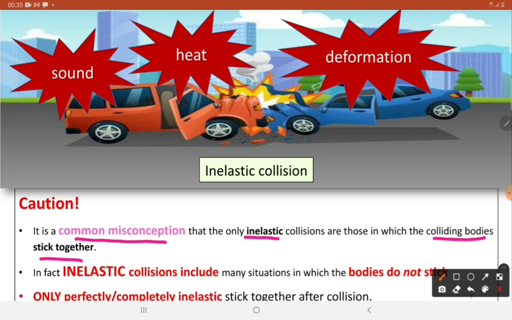Not all inelastic collisions are stick together after collision. Only for completely or perfectly inelastic collision do the bodies stick together after collision.